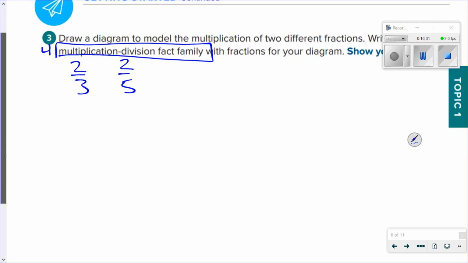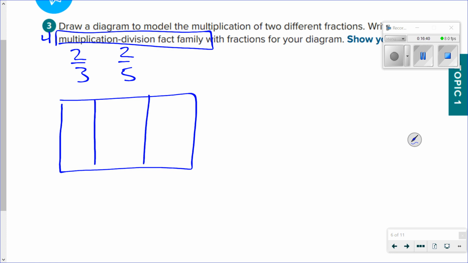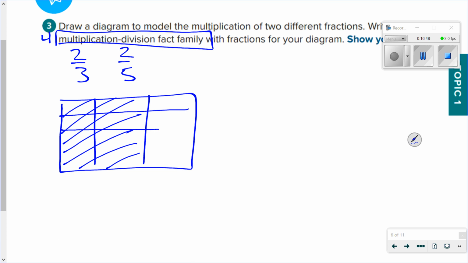Okay, so our model. If I just did my one model, kind of like we did with multiplication the other day, if I've got 2/3, I'm coloring 2 out of the 3. Then the other way I would do as 2/5, and now I'm cutting it into 5, 2, 3, 4, 5, and I'm still just coloring 2 of them.